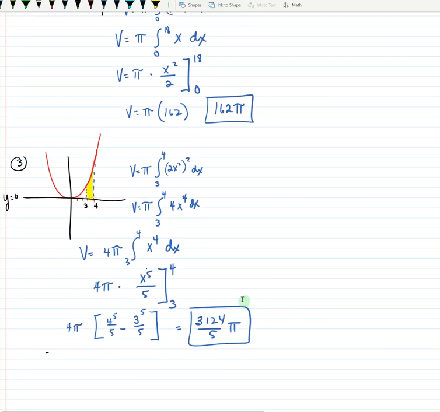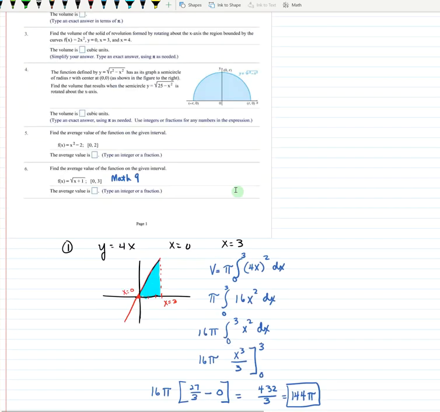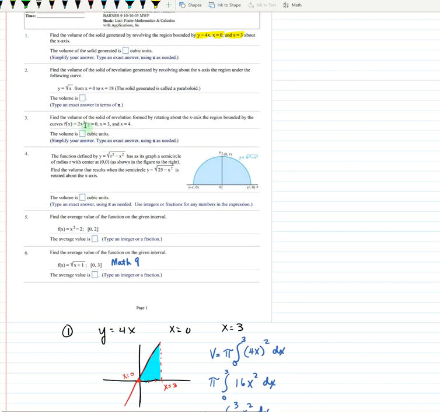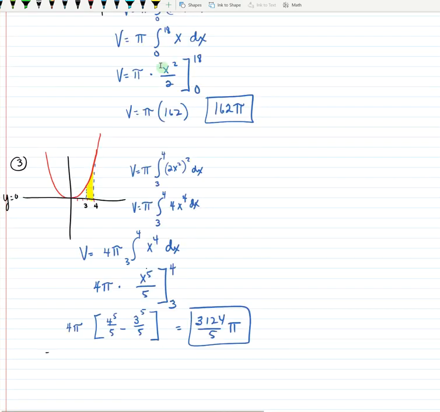Number 3. I keep forgetting to go back up here. So we've got 2x squared, y is equal to 0, x is 3, x is 4. So we've got V equals pi, integral from 3 to 4 of, now it's the area between this and y equals 0. So it's this shaded piece in here. So we have 2x squared, squared.